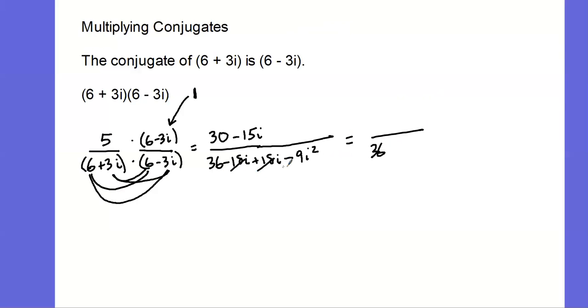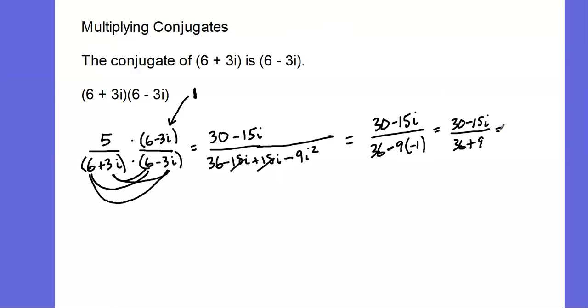And let's take care of this i squared here. i squared is negative 1. So this would be 36 minus 9 times negative 1. And we still have that 30 minus 15i on top. 9 times negative 1 would be negative 9, minus negative 9. That's the same as 36 plus 9.